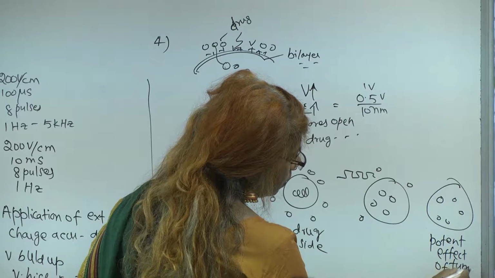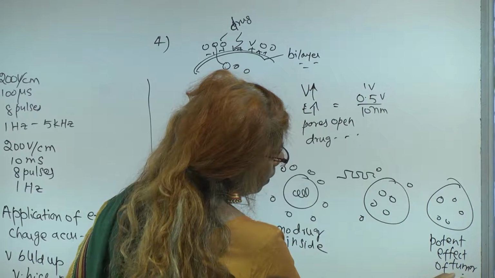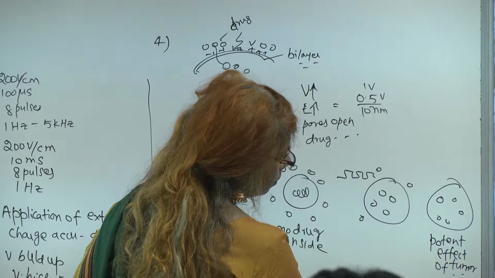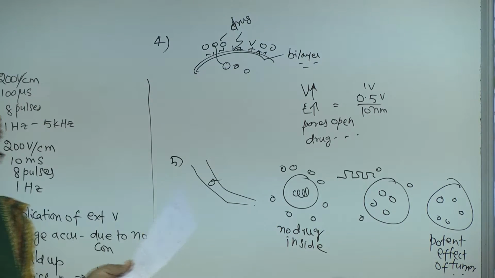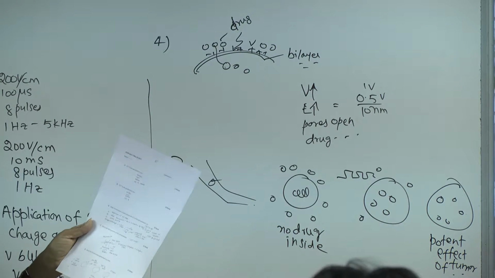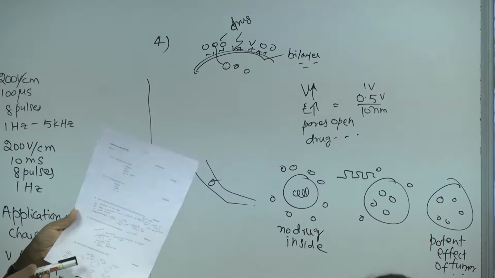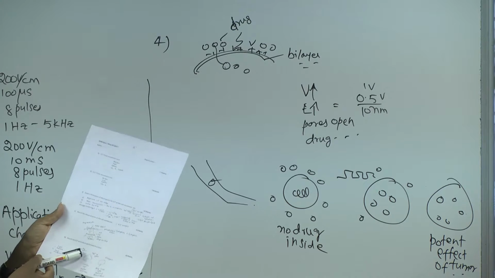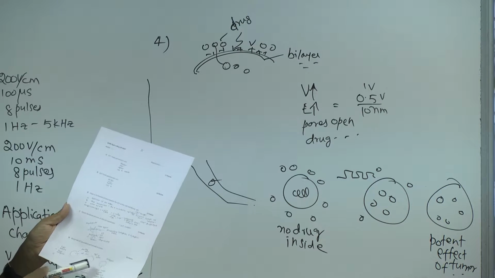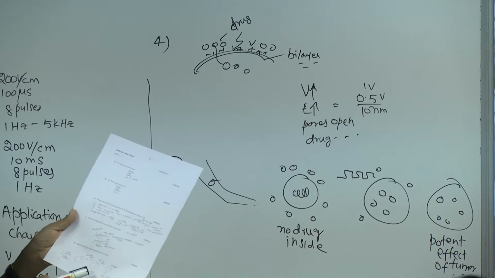tumor, pain reduction, volume reduction, everything. So drug inside the cells, localized potent effect. So first is chemo drug outside the cell, application of pulses. I have to mention what pulses.